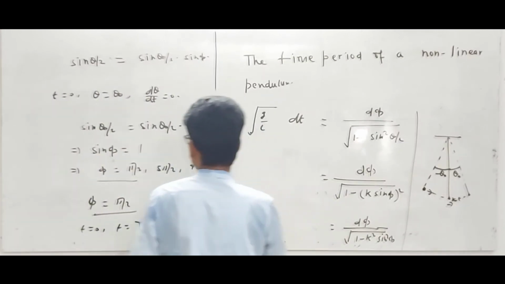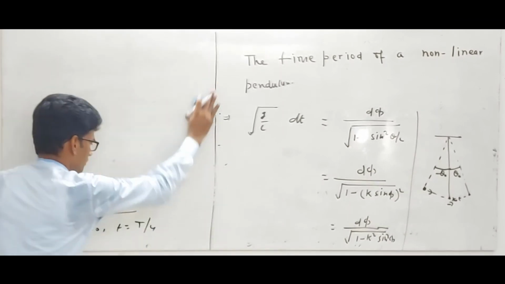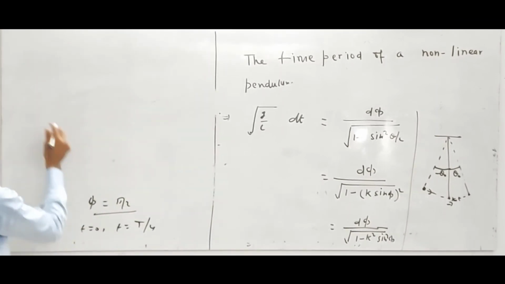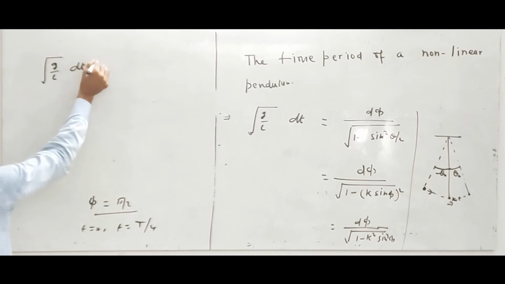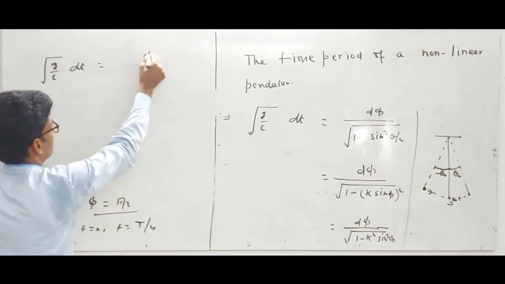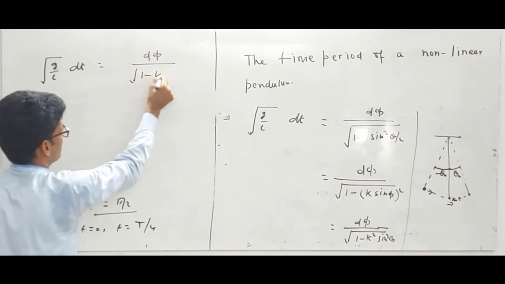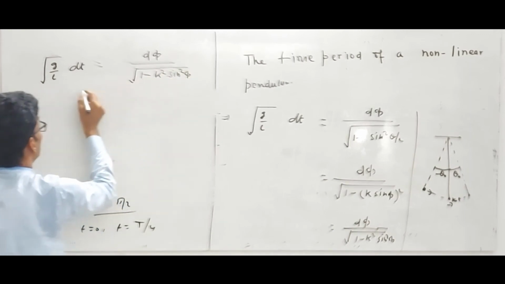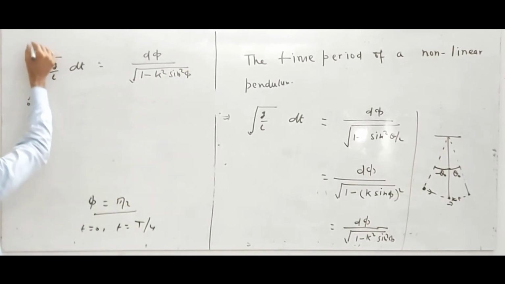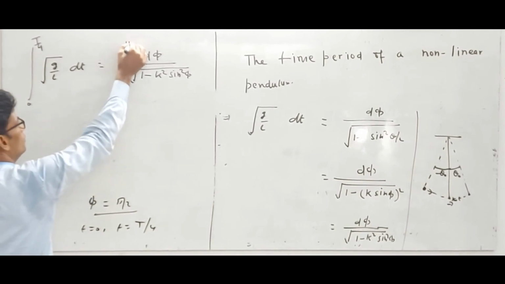Now what we have to do, look here. Under root g over L dt is equal to d phi over square root of 1 minus k square sin square phi. So put the limit here 0 to T by 4, and here the limit is 0 to pi by 2.